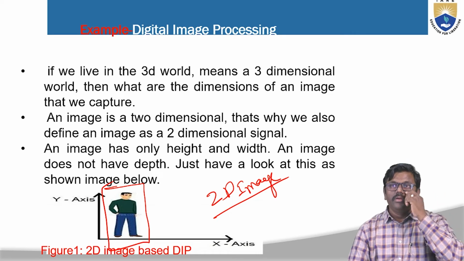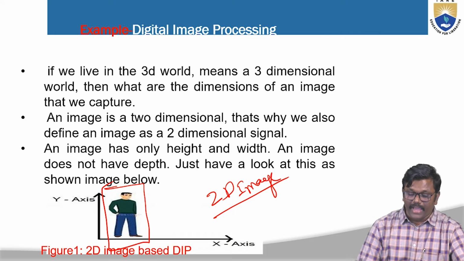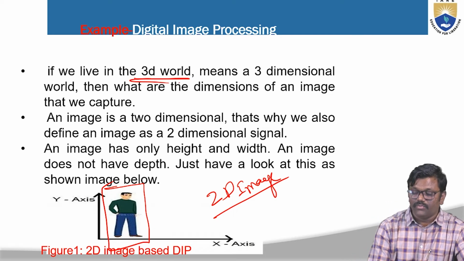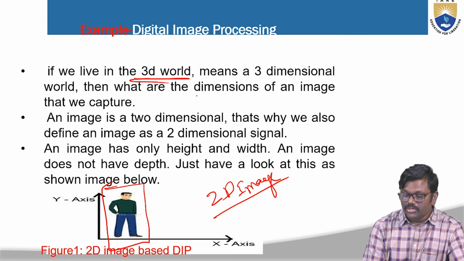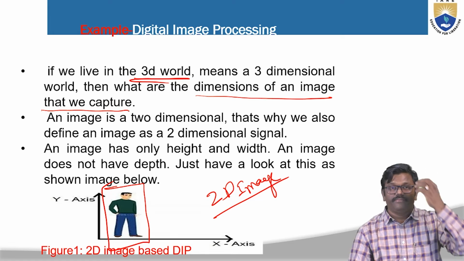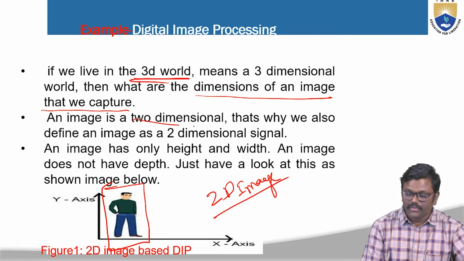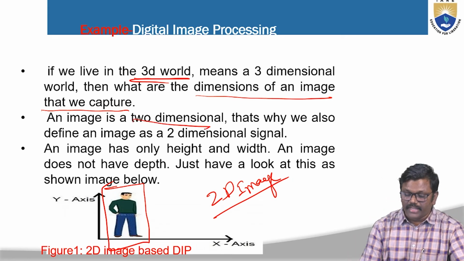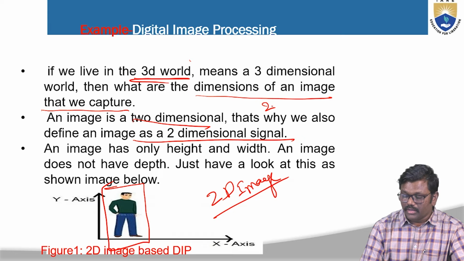Before I go into detail on this, I'm going to compare this with the help of the 3D world also. The 3D world means the dimension of an image that you capture in terms of 3D. When we capture that and compare it with the 2D, you may define that as a 2-dimensional signal, or if you require, the 2D as a 3D.